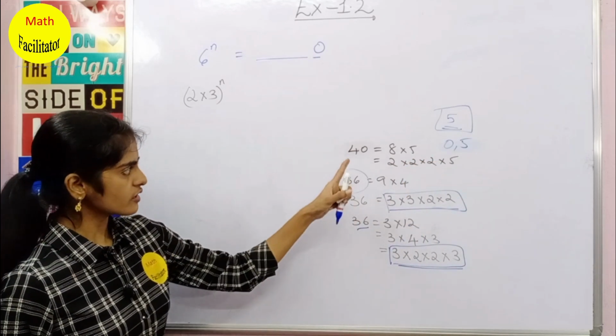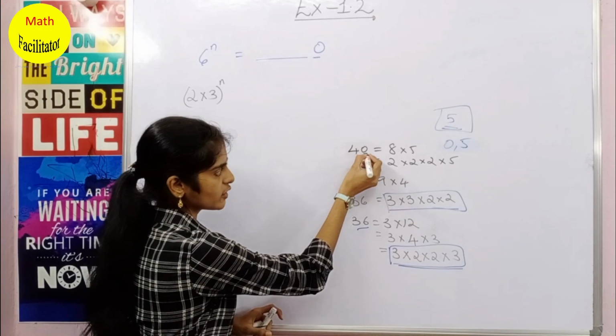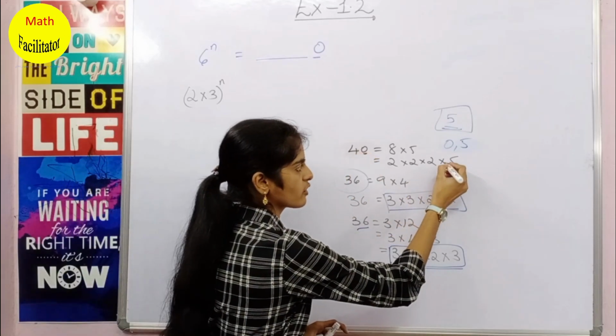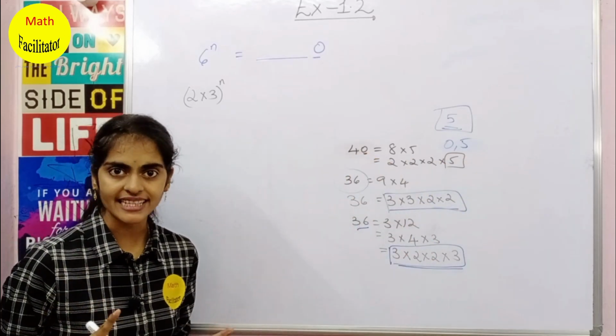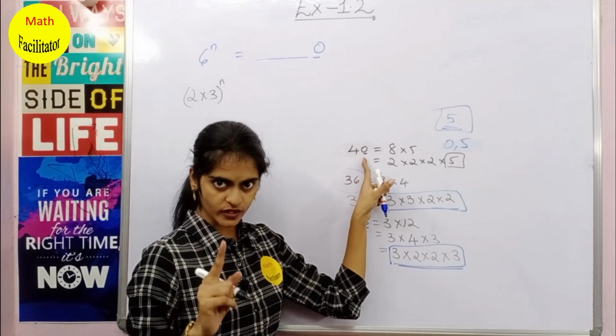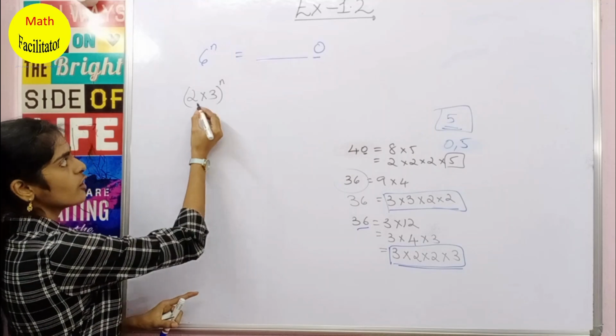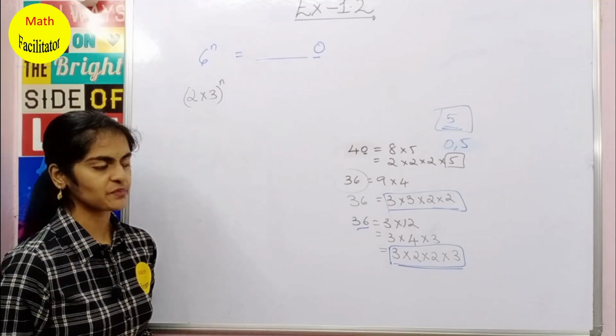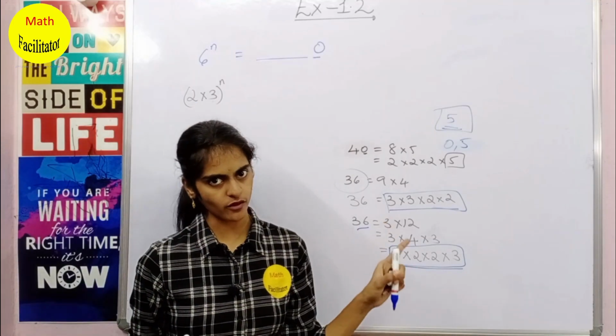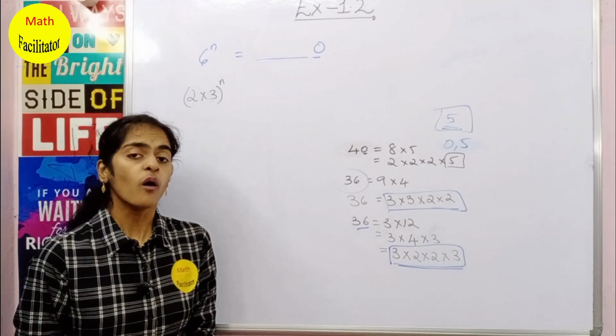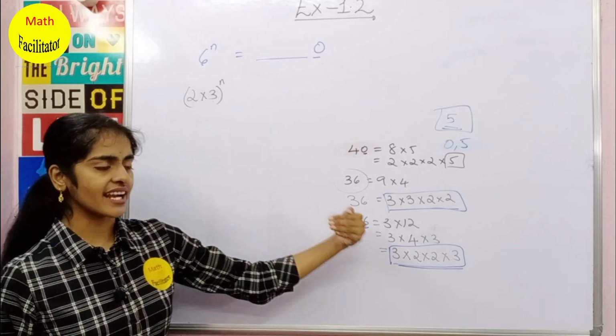So if you want to have 0 in the units digit, then 5 should be one of the factors. But here in this case, only 2 and 3 are the factors. And using the fundamental theorem of arithmetic, you know that a number can be divided into prime factors.